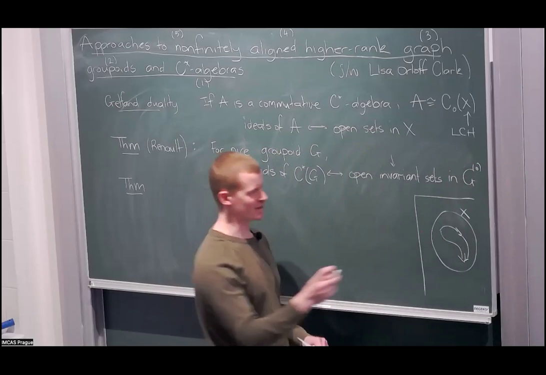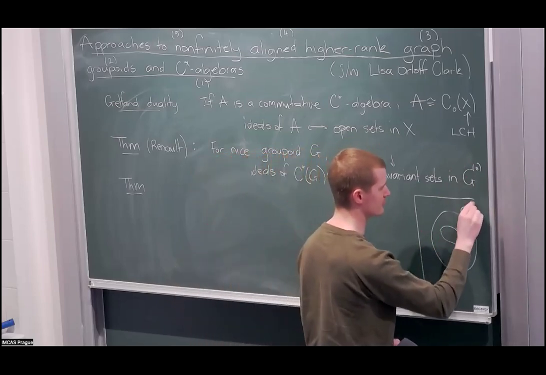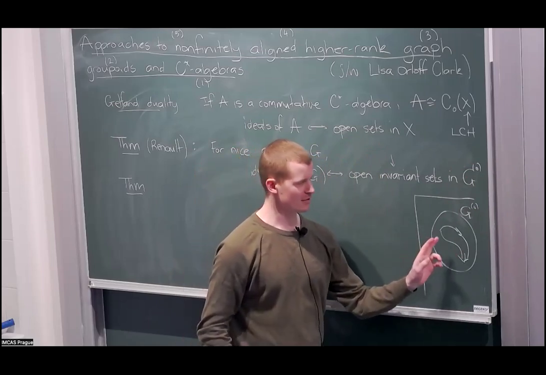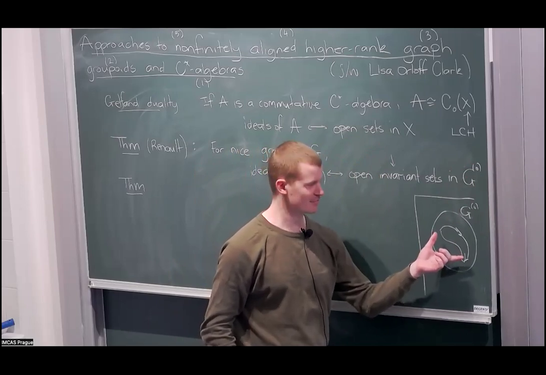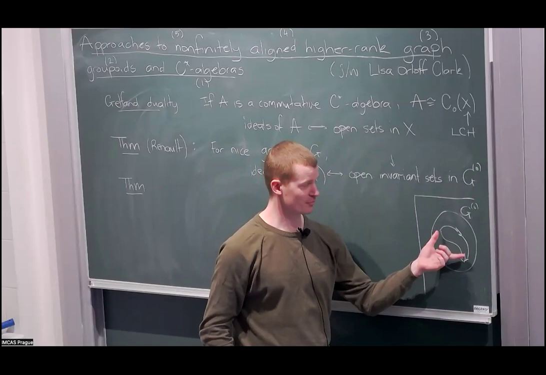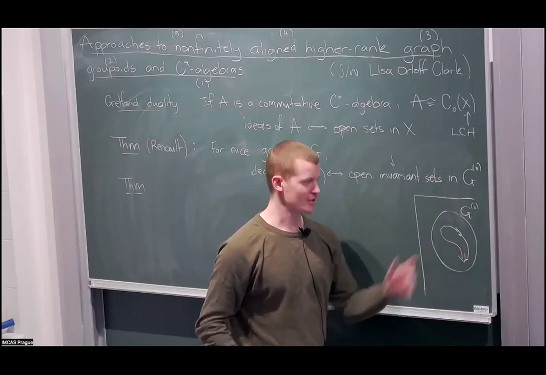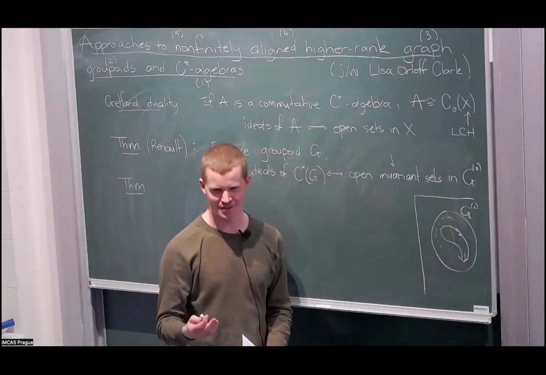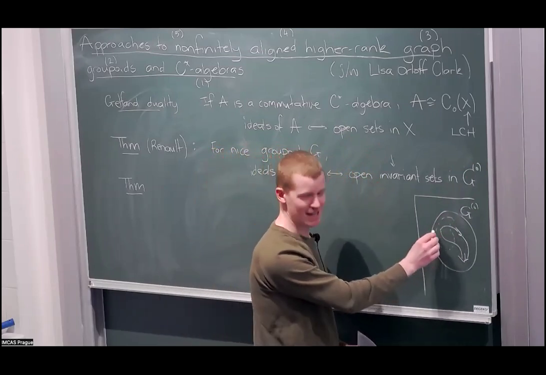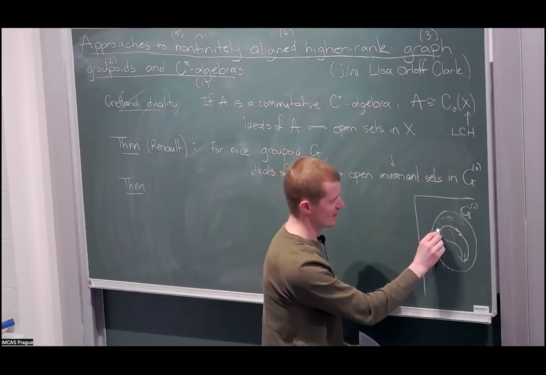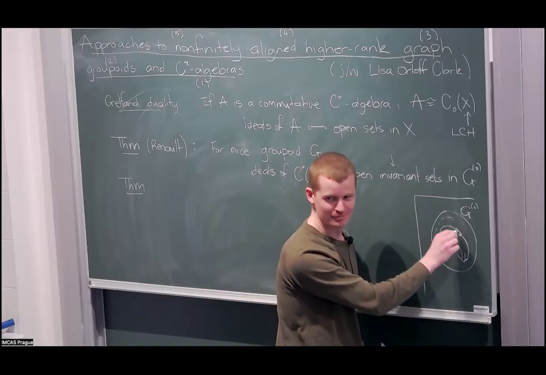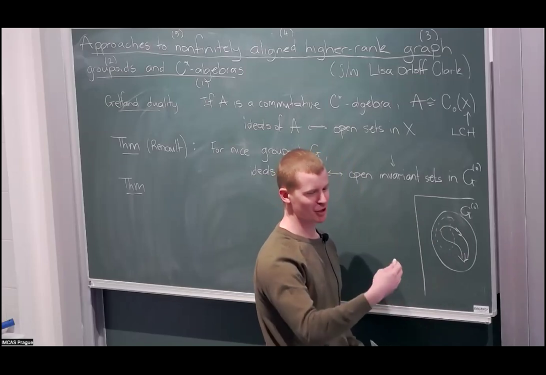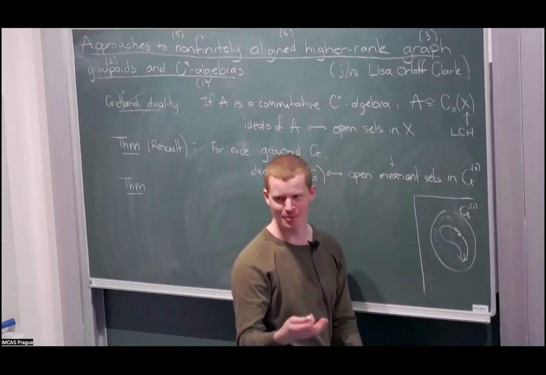Open invariant subsets of the unit space. A subset of the unit space is invariant if, when I look at any arrow starting in the subset, and I look at where that arrow goes, it doesn't leave the set that I started in. So invariant somehow means that it's closed with respect to the dynamics of the arrows that make up the groupoid.